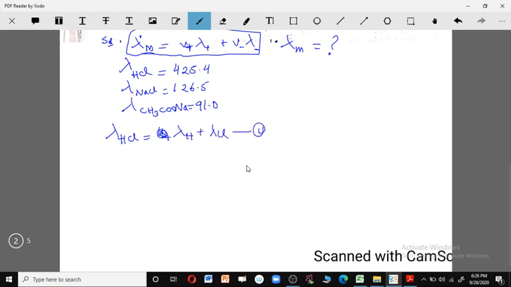Let's say this is equation number 1. Similarly, when you dissociate CH3COONa, you will get lambda sodium plus and lambda CH3COO minus, positive and negative.